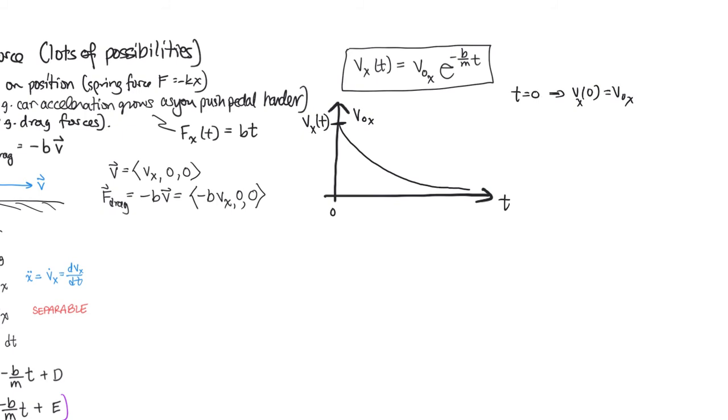So let's consider the time t equals m over b, which was chosen because at that time, well, I made a little mistake here. At that time, t equals m over b, the velocity is v naught x times e to the minus 1, which is about 0.37 times v naught x.